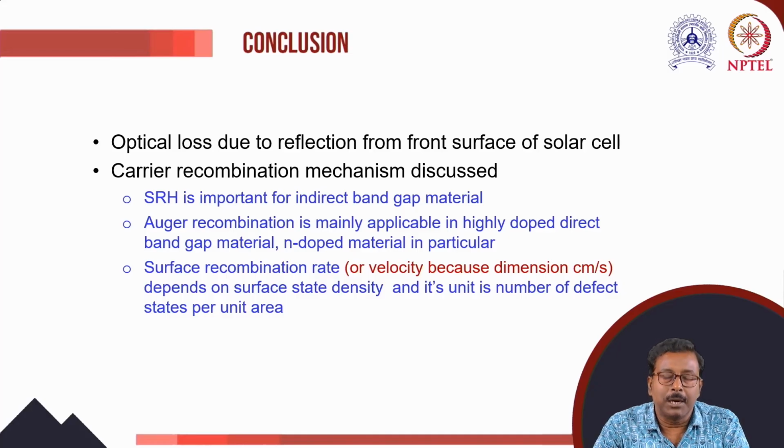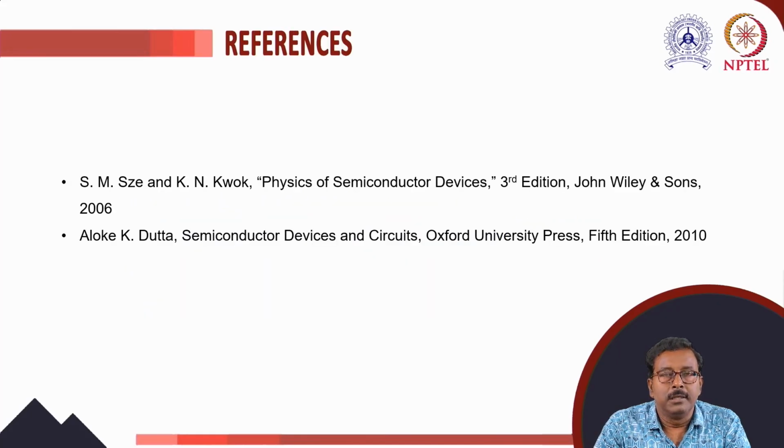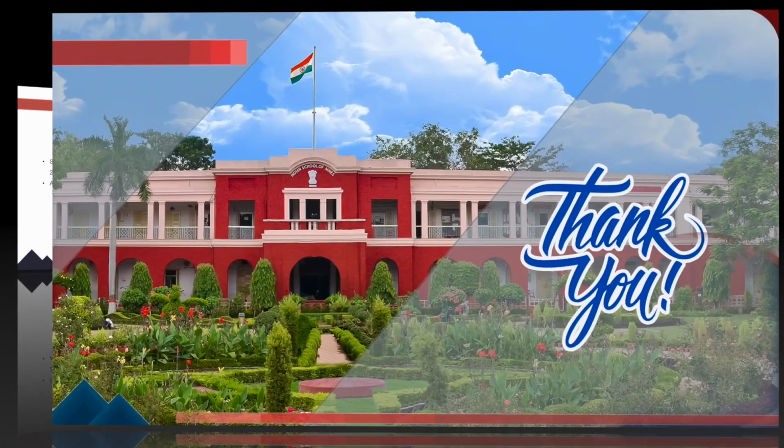Surface recombination is also important in the context of solar cells, but band to band recombination is not so significant. Surface recombination rate is sometimes called surface recombination velocity due to its matching with the dimension of velocity, but it has no relationship with velocity. These are the references. Thank you.